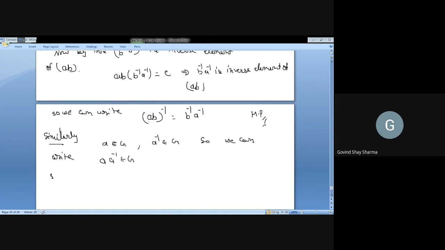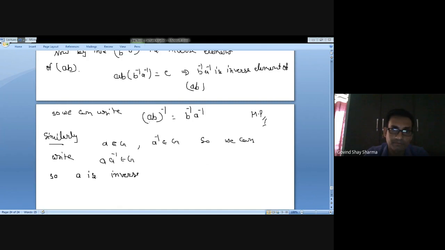So A is the inverse element for A inverse.